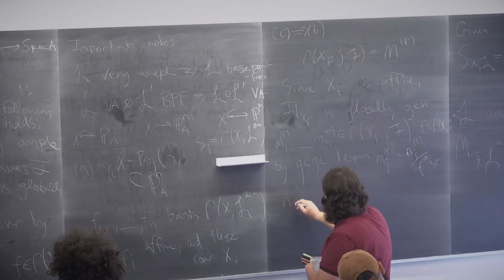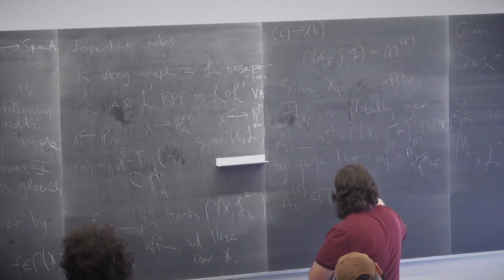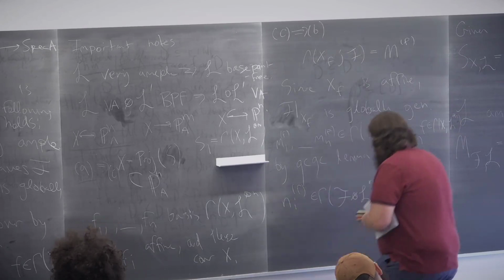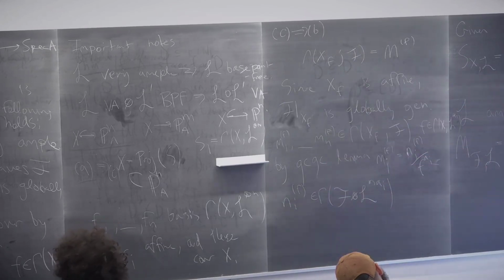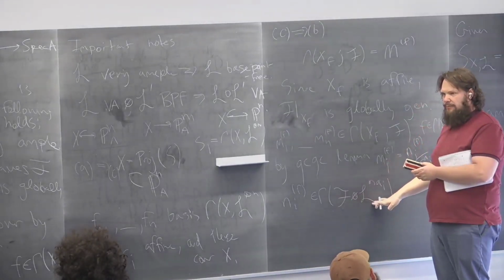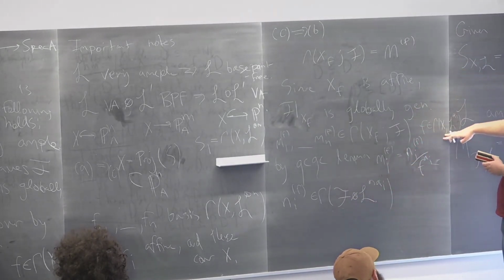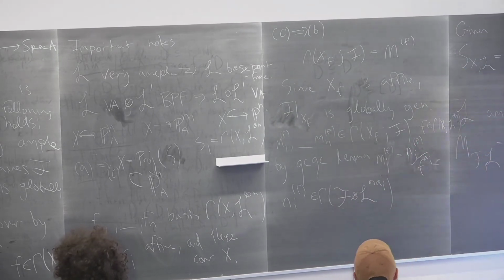So here, my m_i has to be a section of F tensor the line bundle to the n_i. So this is why you're getting something not about F, but about its tensor product with this line bundle. Because what I'm inverting is a section of a power of the line bundle.